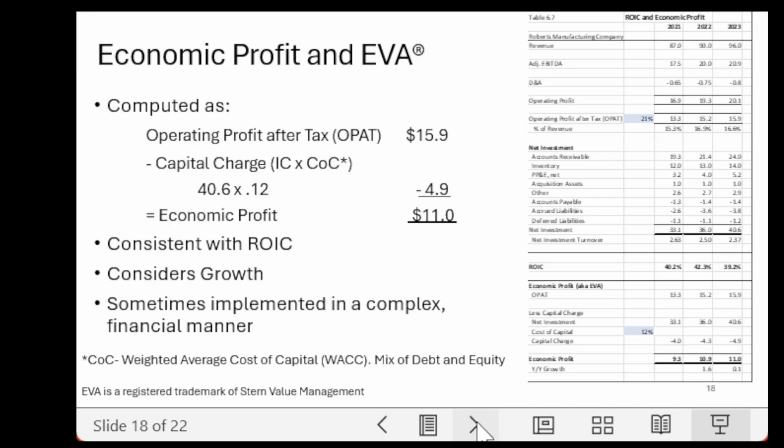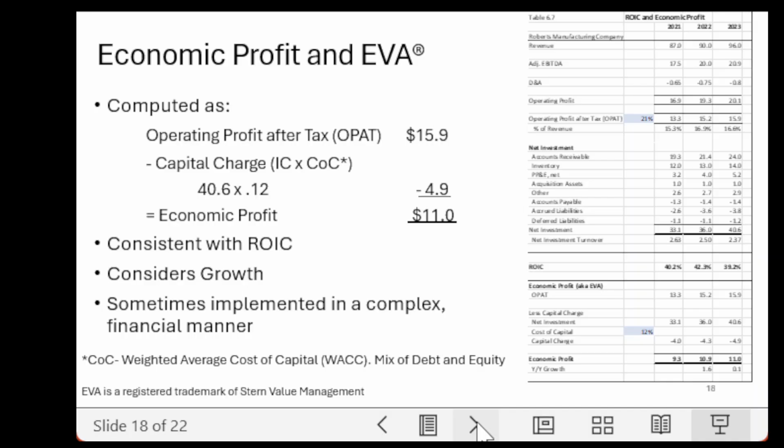Again, EVA recommends many adjustments we'll talk about in a minute. It considers growth because we can look at year-over-year improvement of the economic profit number result, and growth in revenue will be accounted for in this measure. Sometimes it's implemented in a very complex financial manner. For example, we may adjust income by things like capitalizing R&D with a very reasonable assumption, but very different than accounting results, that R&D is an investment in the future and should not be considered an expense.